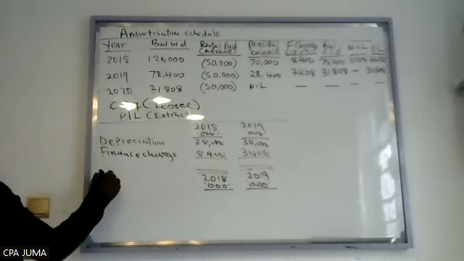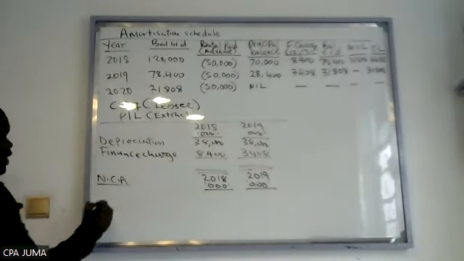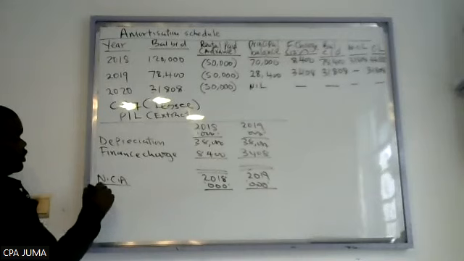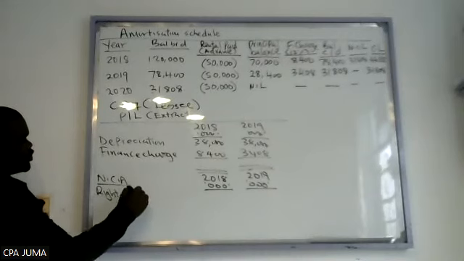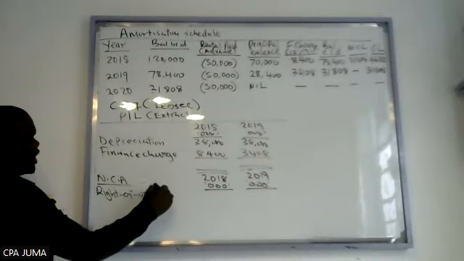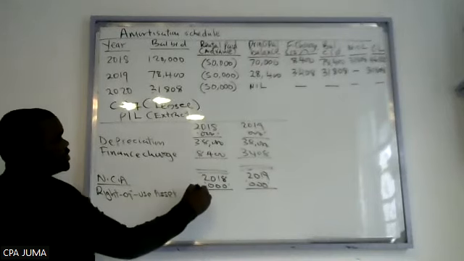Non-current assets, you bring ROU, which is the right of use assets, 120.